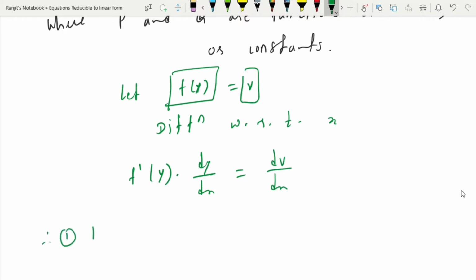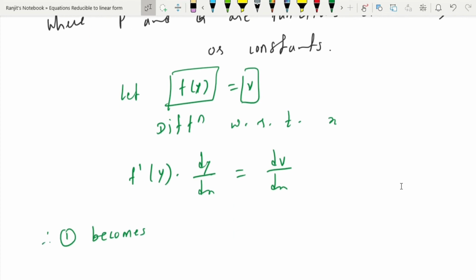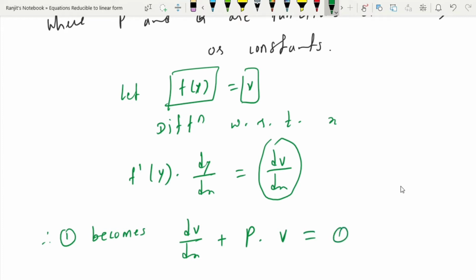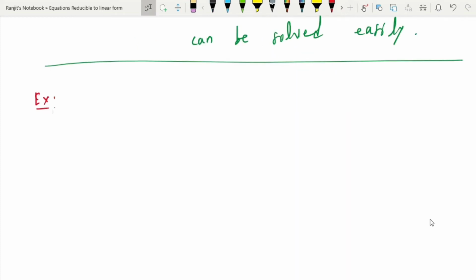Therefore, equation 1 becomes f prime of y dy by dx, which is dv by dx, plus p times f of y, which is v, is equal to q, which is linear in v and can be solved easily. Now we will solve one example based on this technique.